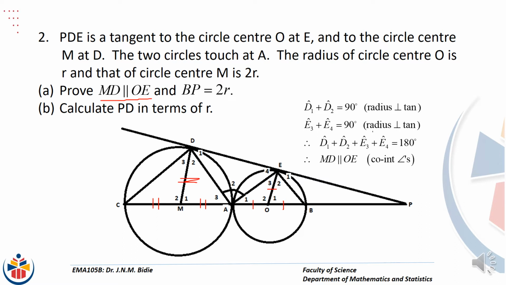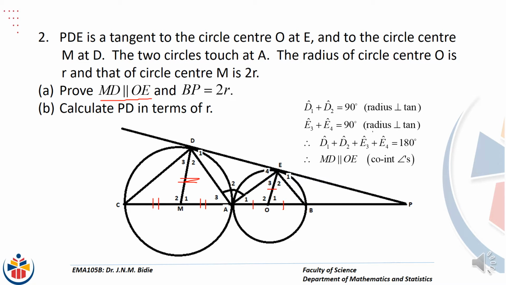The angle between the radius and the tangent is always equal to 90 degrees because the radius and the tangent are perpendicular. Also, OE is perpendicular to the tangent, DP. Therefore, E1 plus E2 equal to 90 degrees and also E3 plus E4 equal to 90 degrees.